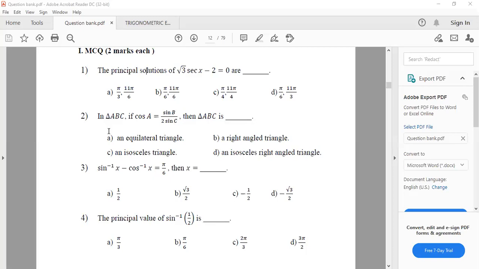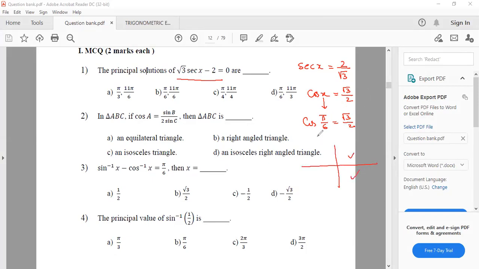Answer me the first question. Sec x is equal to 2 upon root 3. So cos x is equal to root 3 by 2. Is it positive? Yes, sir. Tell me the value of x here. Which angle? 30 degrees, so pi by 6. So one value is pi by 6. And cos x is positive in which quadrant?